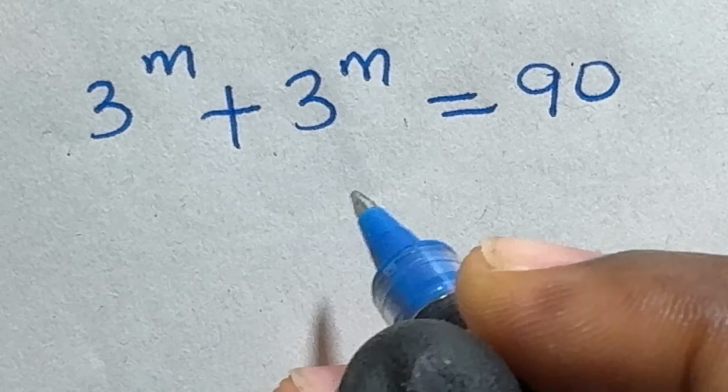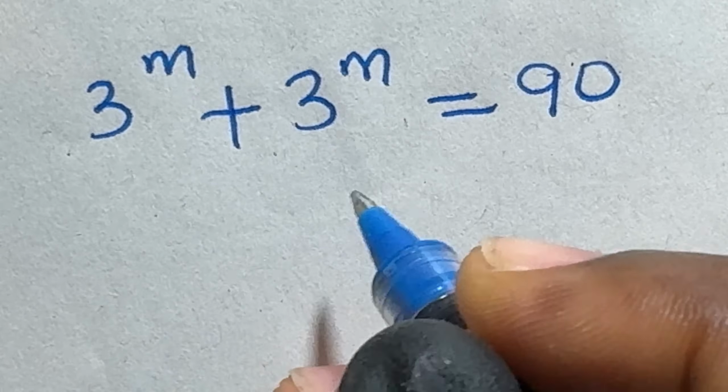Let us break this power apart by the law of indices. Remember, if you have a raised to power m plus n, you can separate them into a raised to power m times a raised to power n. Therefore, we now have 3 raised to power 2 times 3 raised to power log 5 base 3.